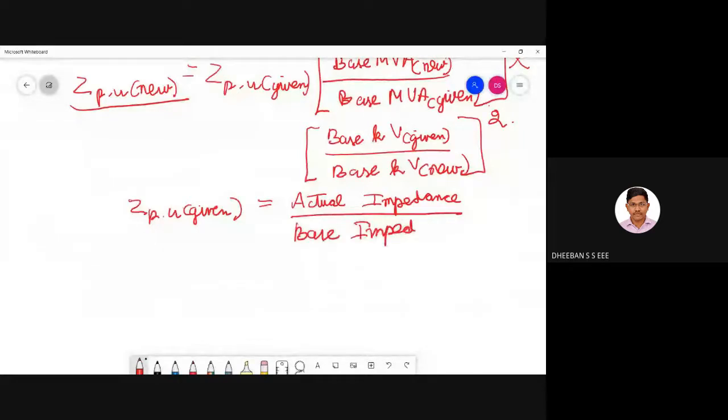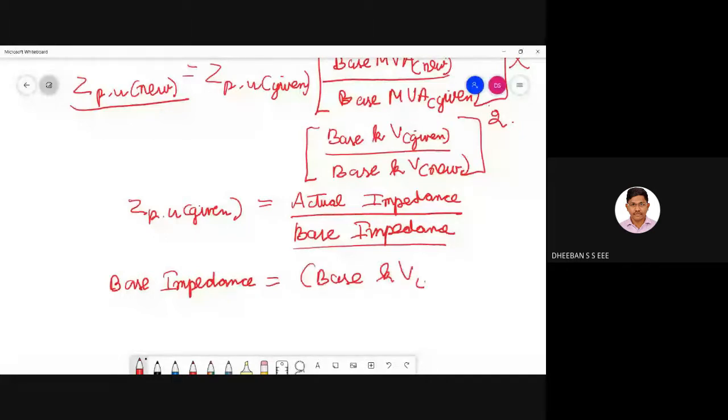And base value you know how to find it. So base impedance is equal to the previous formula we have seen. In case of single phase and three phase, it is base kV line to line, the whole square, divided by base MVA.